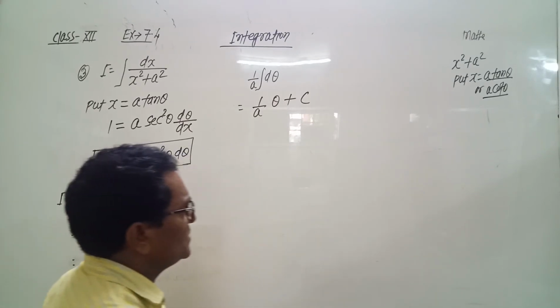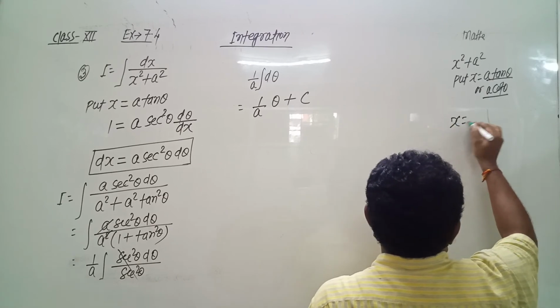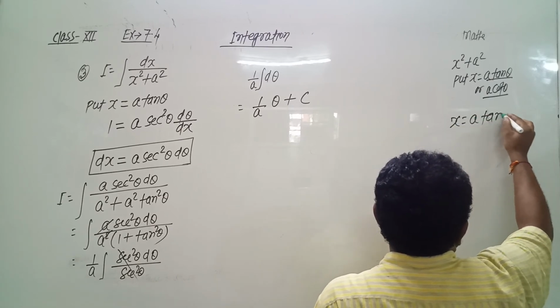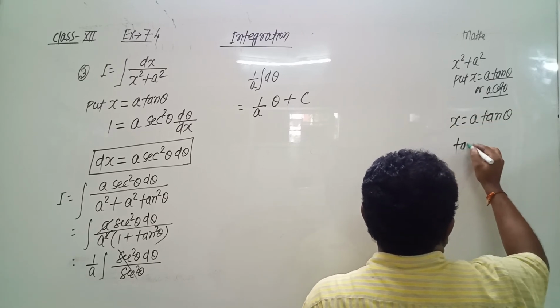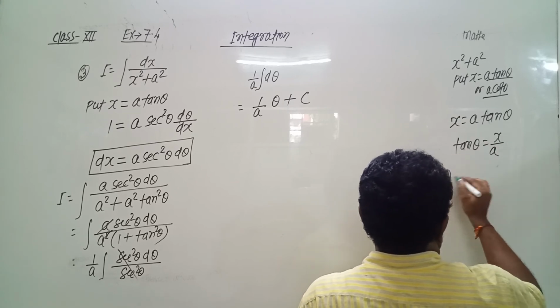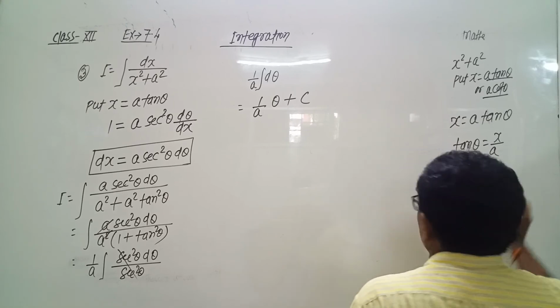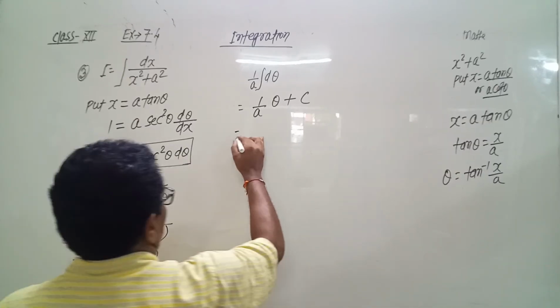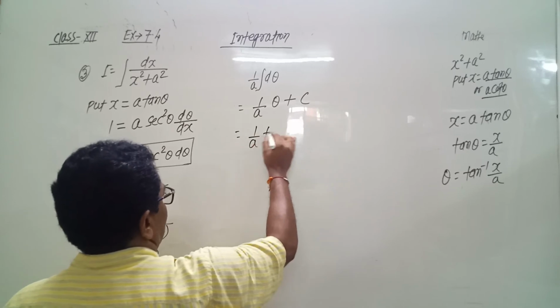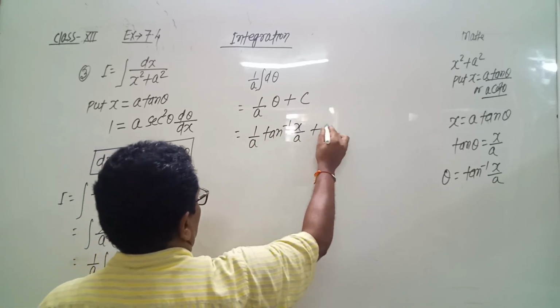Now put the value of theta. x was equal to a tan theta, then tan theta becomes x by a, and theta comes to be tan inverse x by a. So we get 1 by a tan inverse x by a plus c.